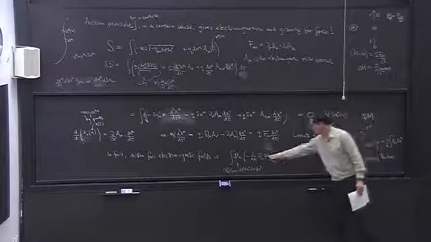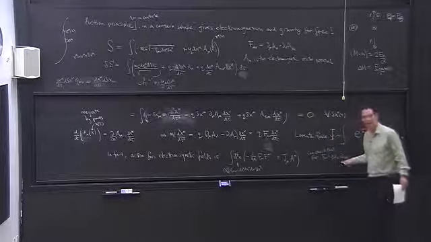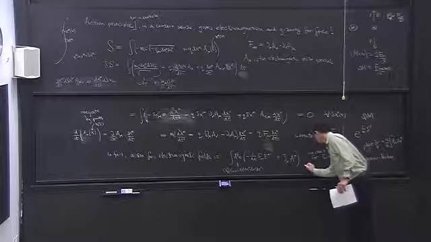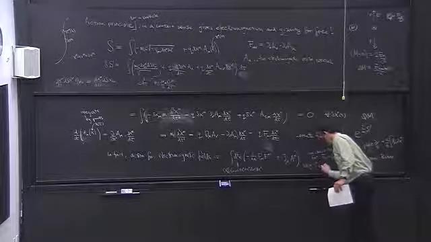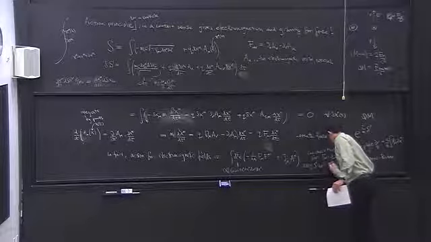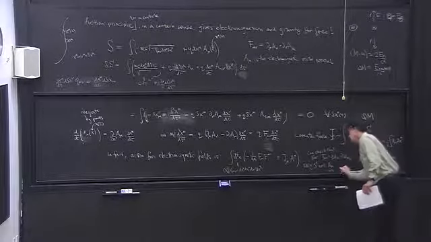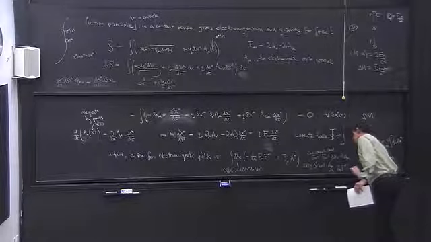Okay, so that's what the F mu nu here means. F is this expression in terms of the A's. And then if I vary S with respect to A mu, what we get is Maxwell's equations: d mu F mu nu equals minus mu naught J nu.